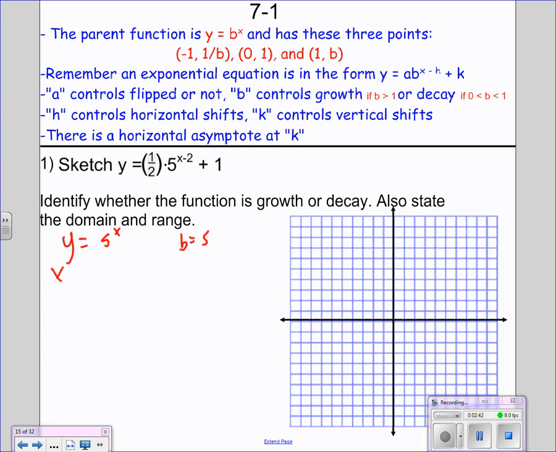So the original coordinates are -1 and 1 over 5, 0 and 1, and 1 and 5. So we can graph the original function. Here's 0, 1, approximately 1, 5, 2, 3, 4, 5 is up there, and -1 and 1/5 is less than half, but just put in your best guess.